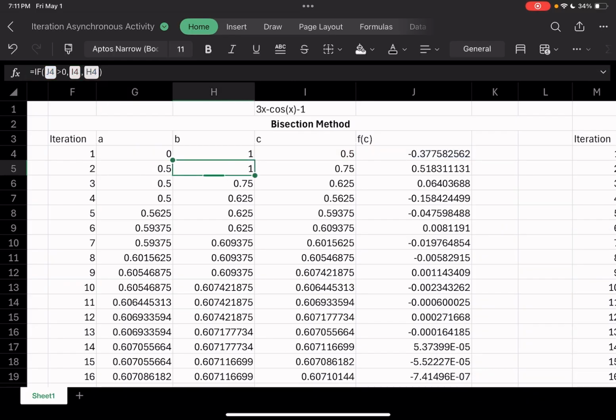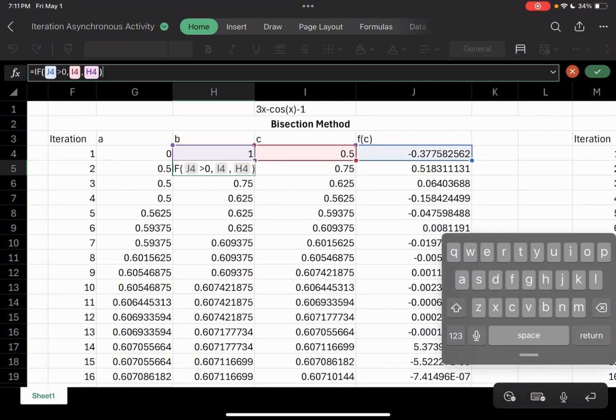For B, we have the following condition. If our f of C is greater than 0, since our B is already a positive number right here, the value of B would be I4, which is C. However, if it is false, it will stay the same, which is H4.